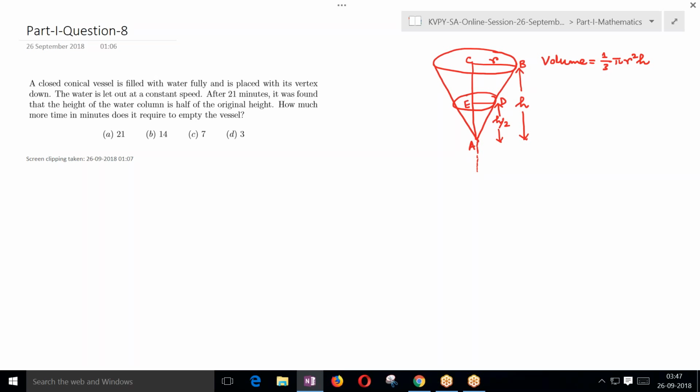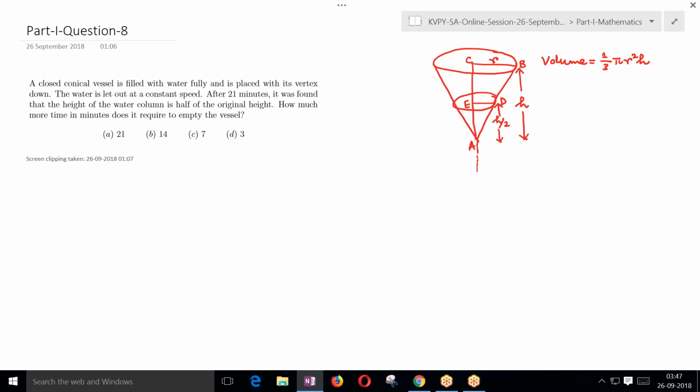BC is equal to R, so both the triangles ABC and ADE are similar triangles. From the properties of similar triangles, we know that the corresponding sides are in equal proportion.